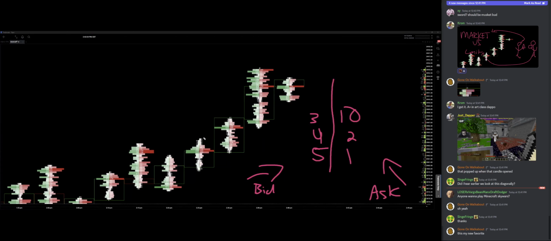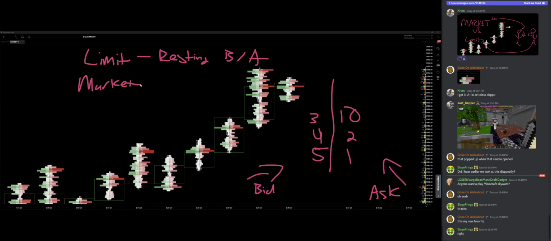Right? If I'm executing a limit, I am either resting on the bid or ask. If I'm executing a market, I'm jumping to the bid or ask.